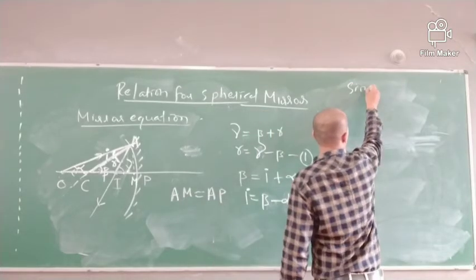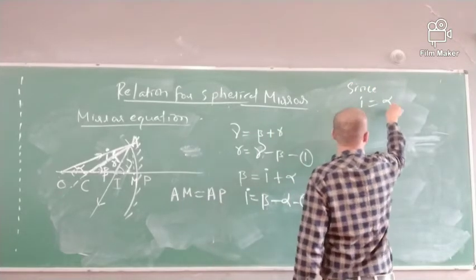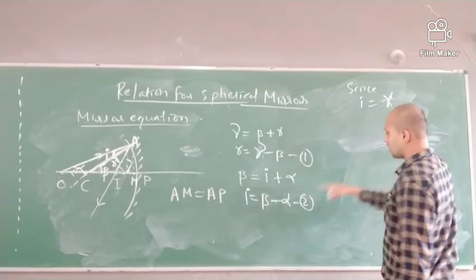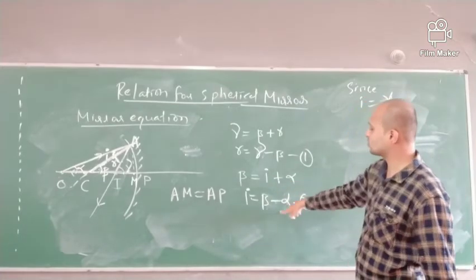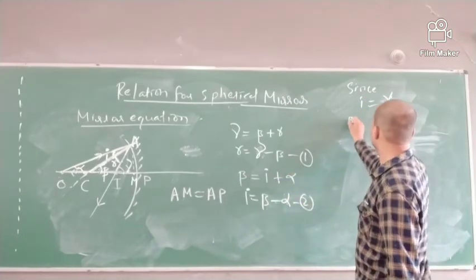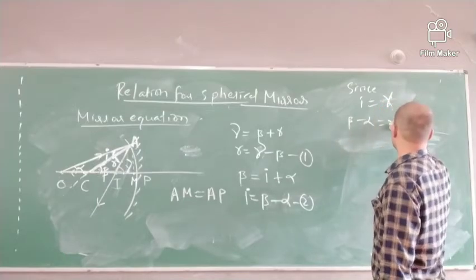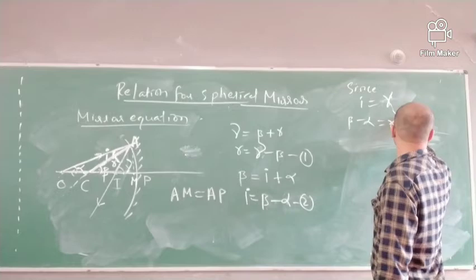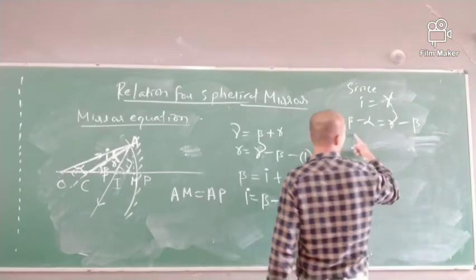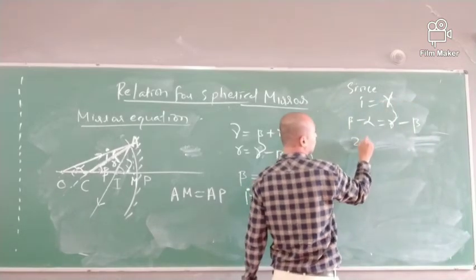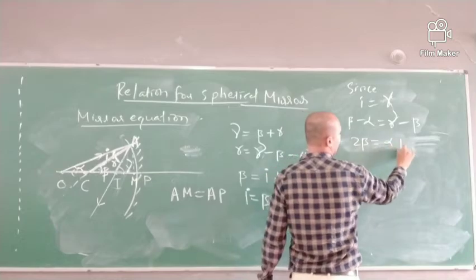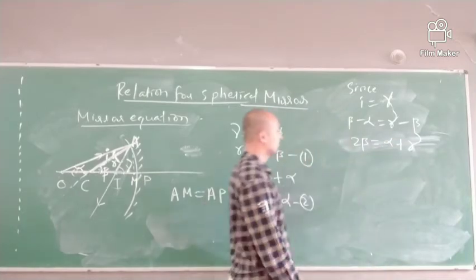Since I is equal to r, equations 1 and 2 become: beta minus alpha will be equal to gamma minus beta. So I can write 2 beta is equal to alpha plus gamma. Correct, no?